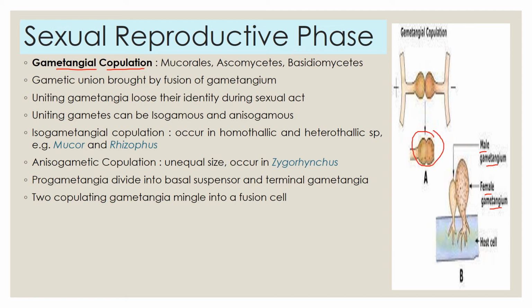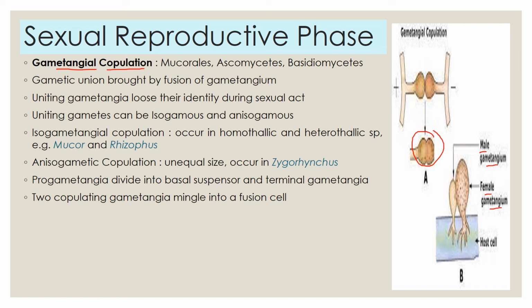We see that the gametangia fuse and form a fusion cell. So this type of reproduction, where the gametangia fuse, lose their identity and form a new type of cell, where the male and female gametes fuse, is called gametangial copulation.